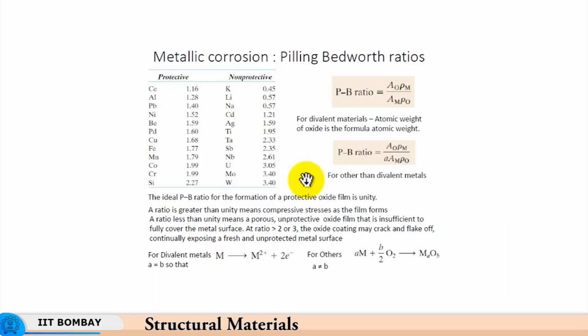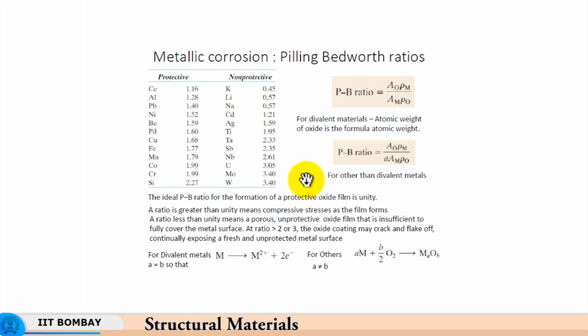But if it is Fe2O3, then I take two atoms of iron. So, I multiply the atomic weight of iron by 2, the atomic weight of oxygen by 3, and take the formula atomic weight of the oxide as 2 into atomic weight of iron plus 3 into atomic weight of oxygen, giving me the atomic weight of Fe2O3.